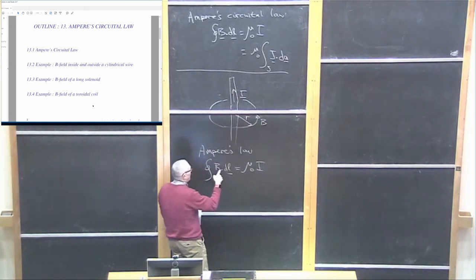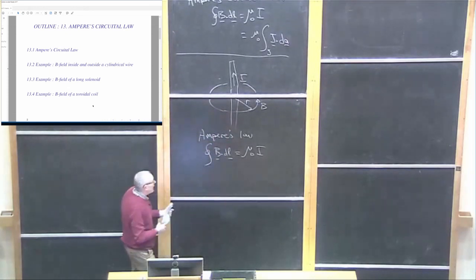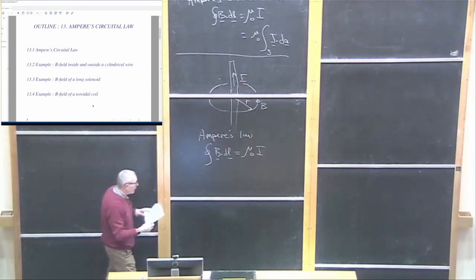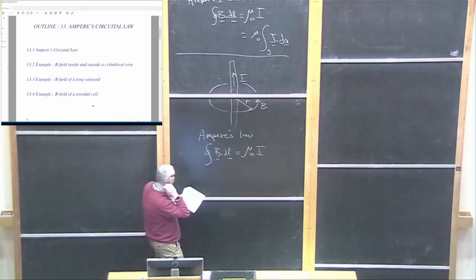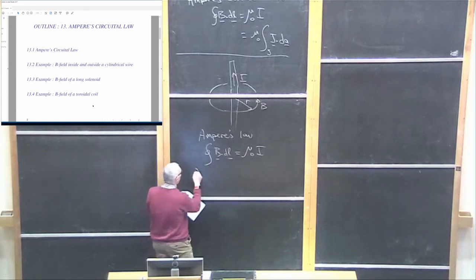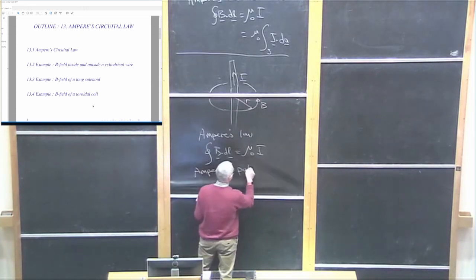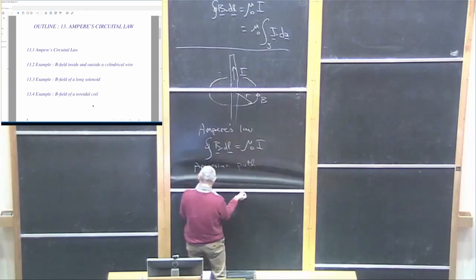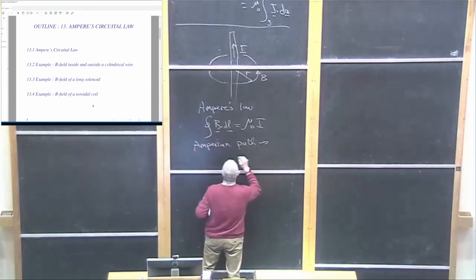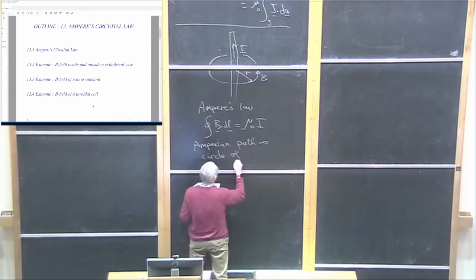Now, as B is constant around that path, I can just take B outside the integral. So the Amperian path is a circle of radius r.